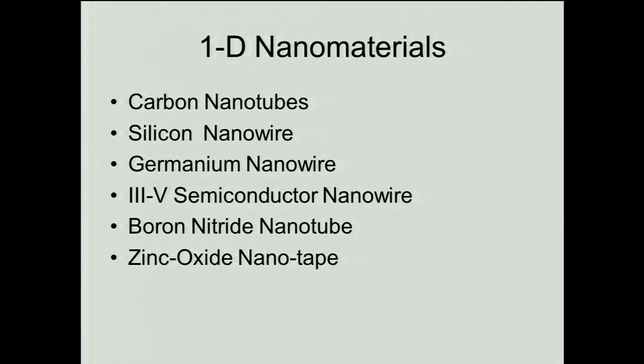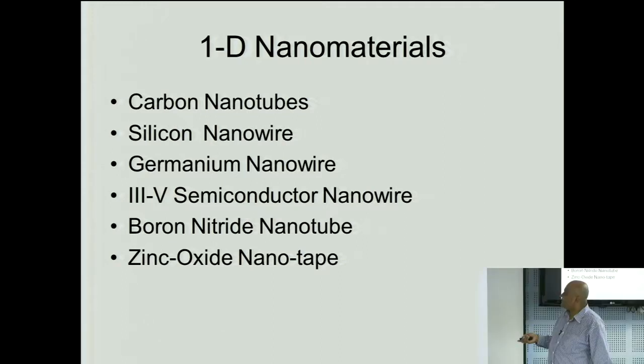Then there are semiconductor nanowires: not all of the 3-5 group elements form quantum dots, there are ones which form nanowires. Then we would talk about a ceramic material which forms a nanotube, and finally zinc oxide. These are all different types of one dimensional material.